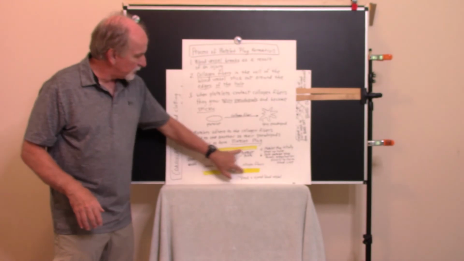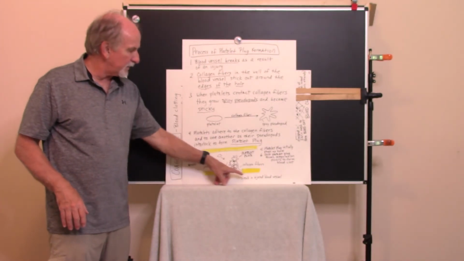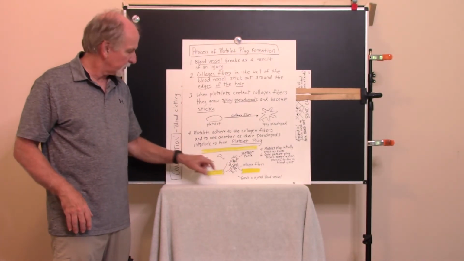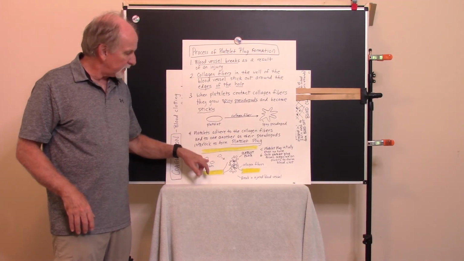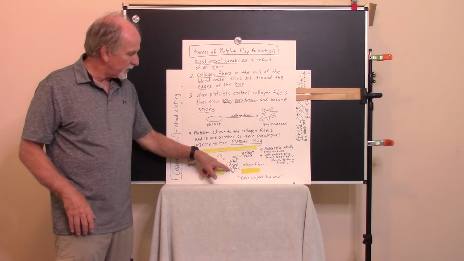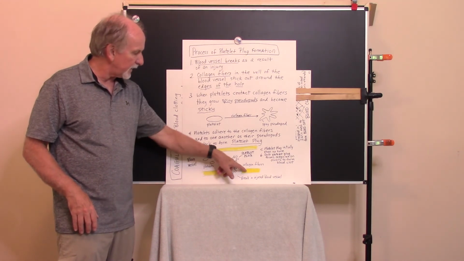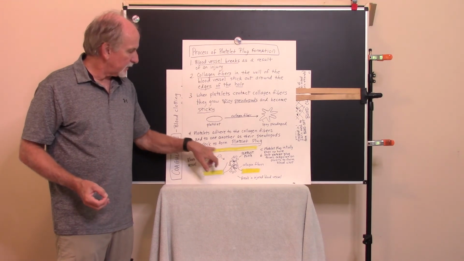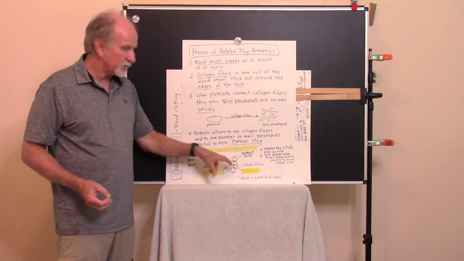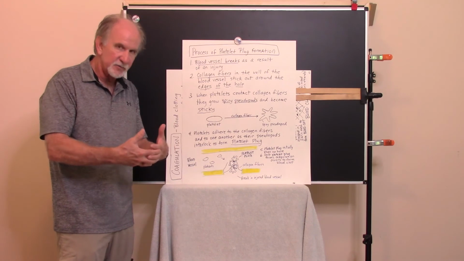So here's a blood vessel, and here's a break in the blood vessel wall. And here are platelets that are circulating in blood. When they make contact with collagen fibers sticking out from the edges of the hole, the platelets grow the pseudopods that allow them to interlock together.